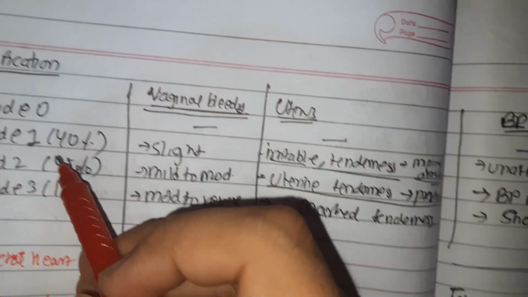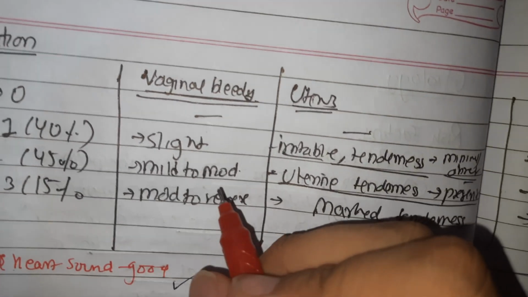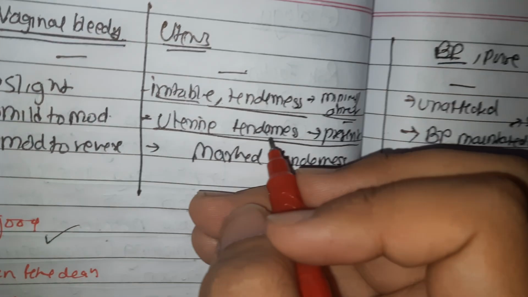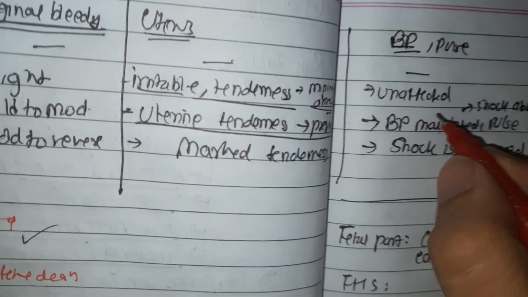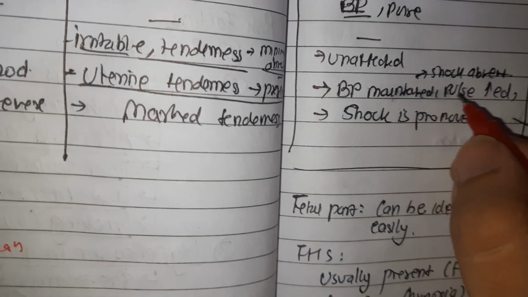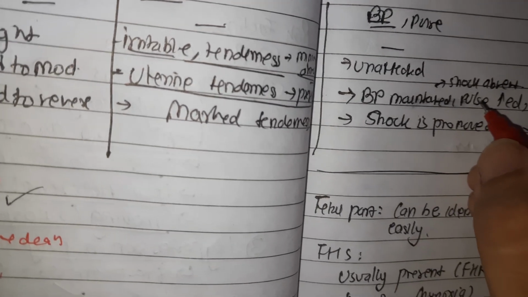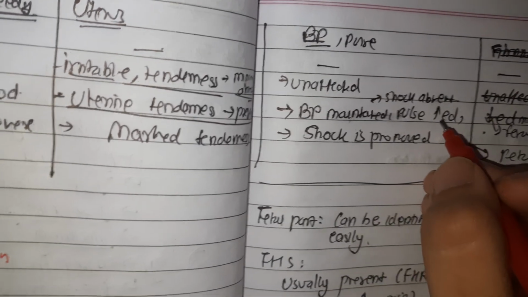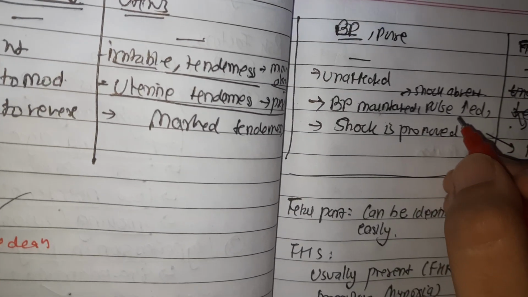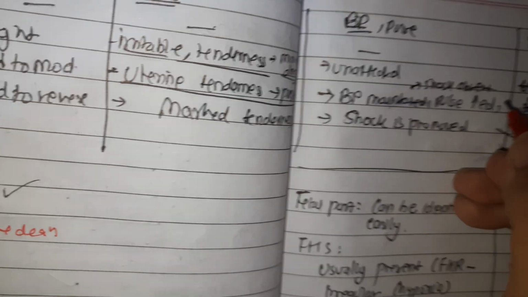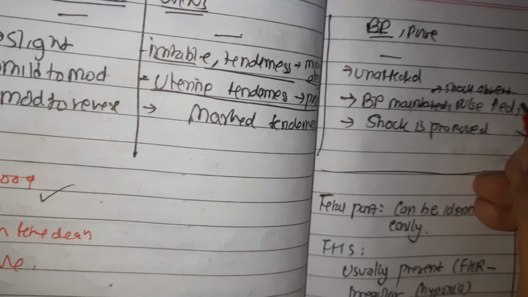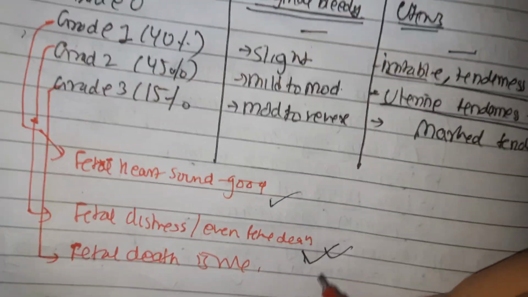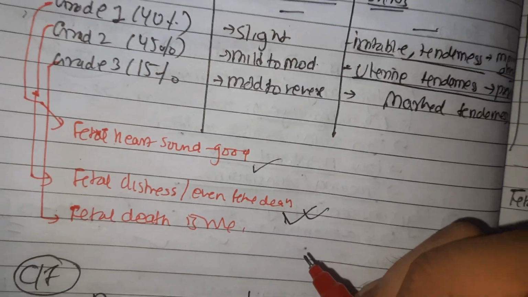In grade 2, 45% of the cases, there is mild to moderate bleeding, and uterine tenderness is almost always present. Maternal blood pressure is maintained but the pulse is increased, and the fibrinogen level might be decreased. Shock is absent, and grade 2 causes fetal distress or even fetal death can occur.